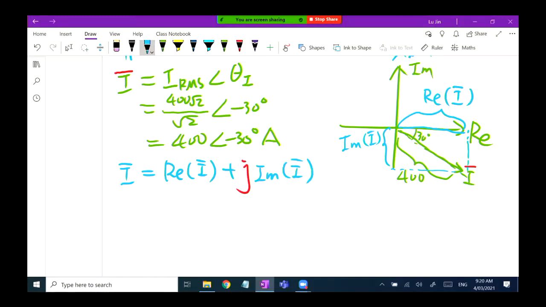This j is the indicator of the imaginary component of this complex number, so it should be simple. The calculation should be pretty simple for this given question, because within this triangle we know the angle is 30 degrees, and the size of the vector I is given, which is 400.